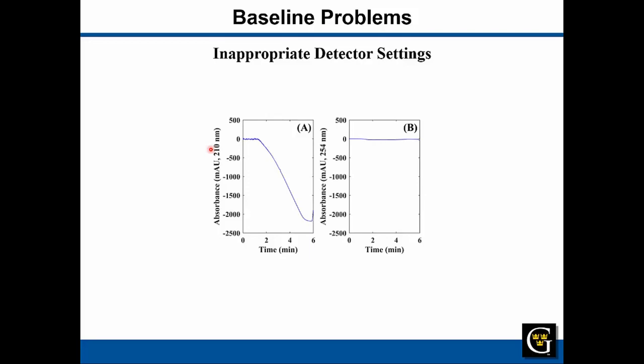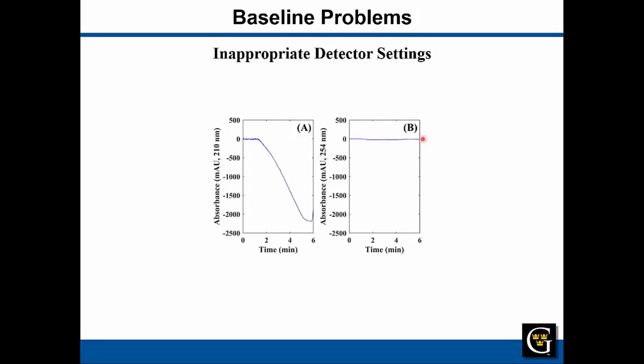One of the mobile phase components is absorbing very strongly there. And when we decrease the amount of that solvent in the mobile phase, the apparent absorbance goes down dramatically. Whereas if we change to a more appropriate wavelength, 254 nanometers, where the solvent doesn't absorb so strongly, we end up with a relatively much flatter baseline.